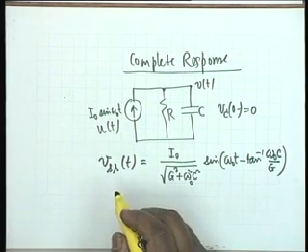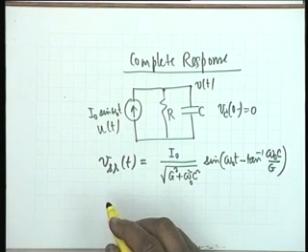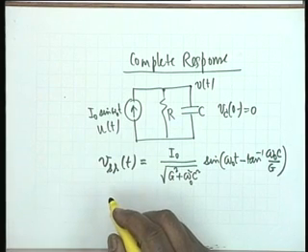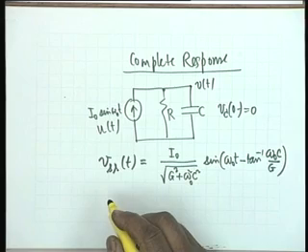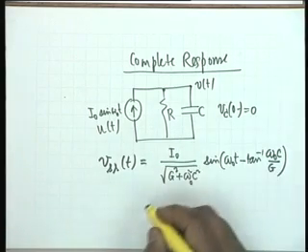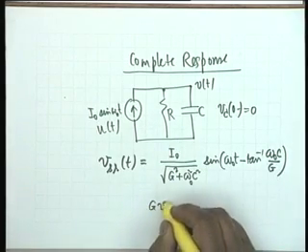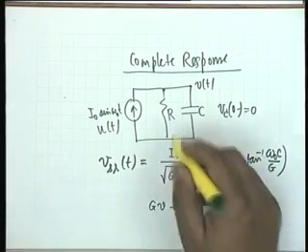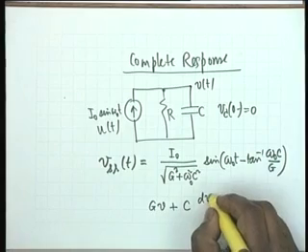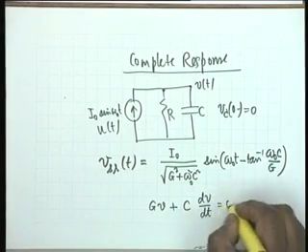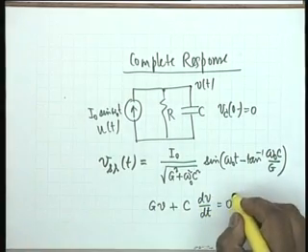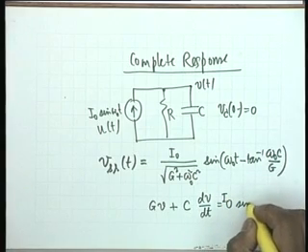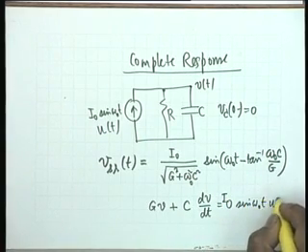To find the complementary function, you have to write the differential equation and put the right hand side equal to 0. Obviously, the differential equation is GV plus C dV/dt equal to I0 sine of omega 0 t u(t).